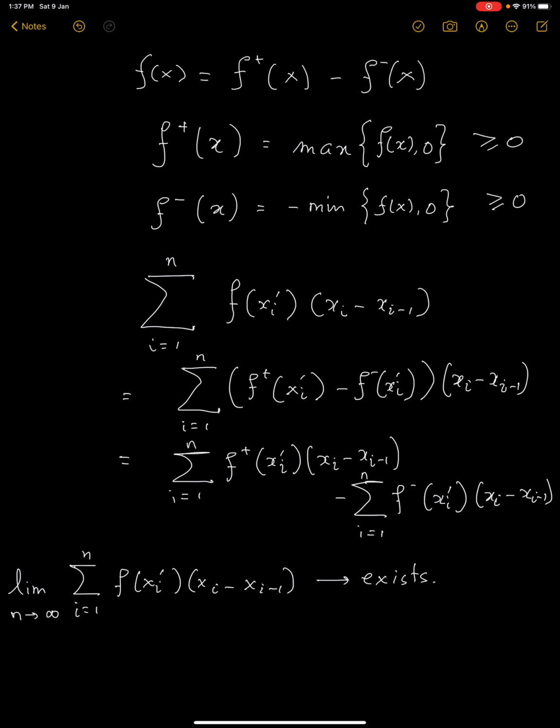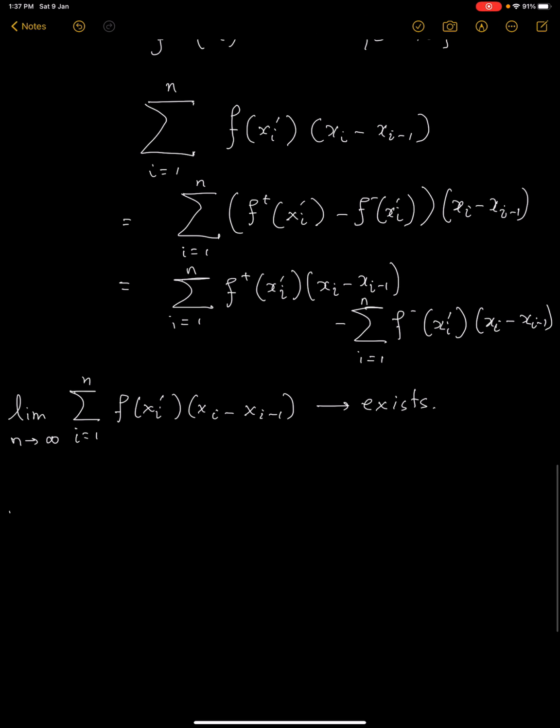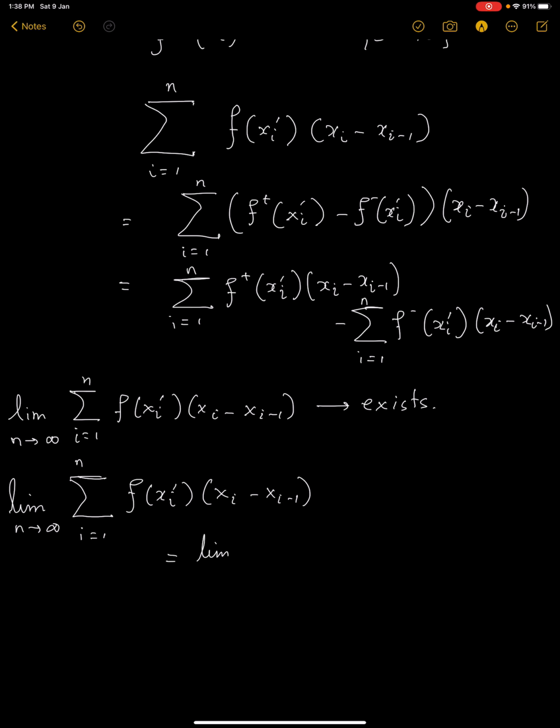So what we now have is that the limit as n tends to infinity of the summation i equal to 1 to n of f of xi dash into xi minus xi minus 1 is the same as the limit of the summation of f plus of xi dash into xi minus xi minus 1, minus the limit of the corresponding sum for f minus.